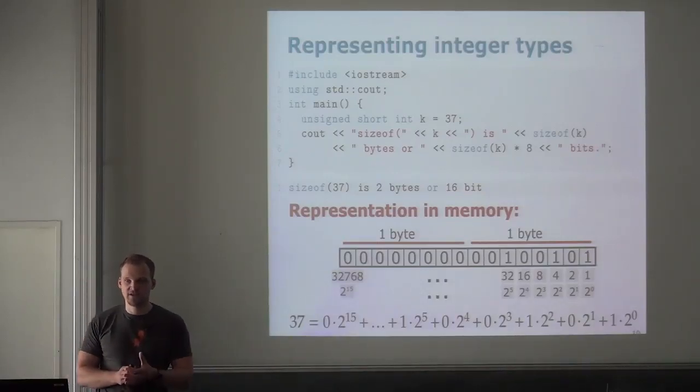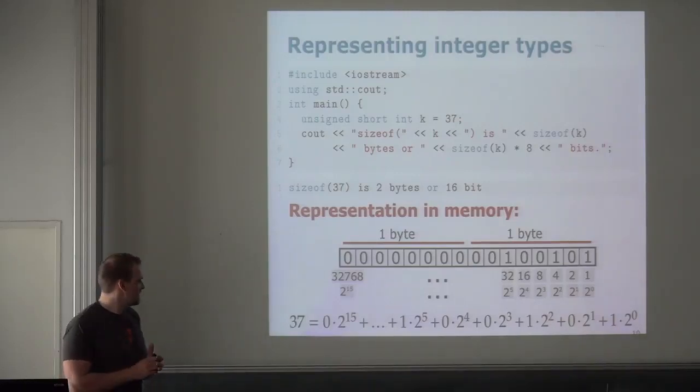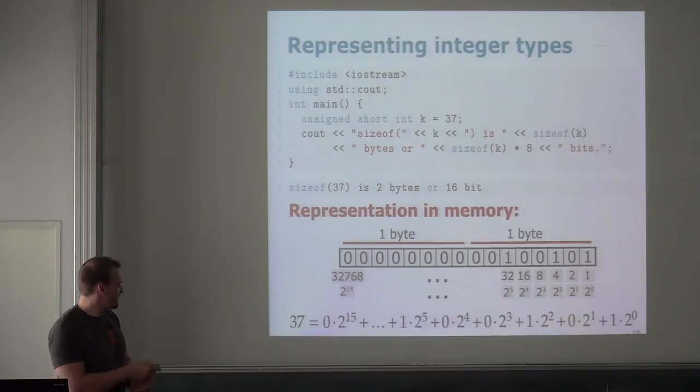Yeah? I think the sum is 26. The sum is what? 26. So 2 to the power of 5 is 32.